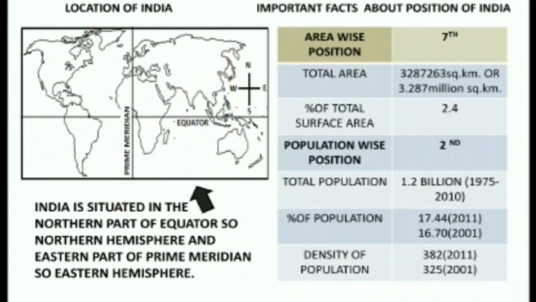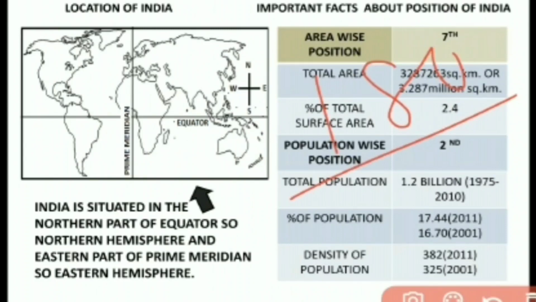Now I just told you that 180 degree is a whole circle single line. This single line is known as the international date line. Why international date line? Because on the basis of this line, the date is determined all over the world.